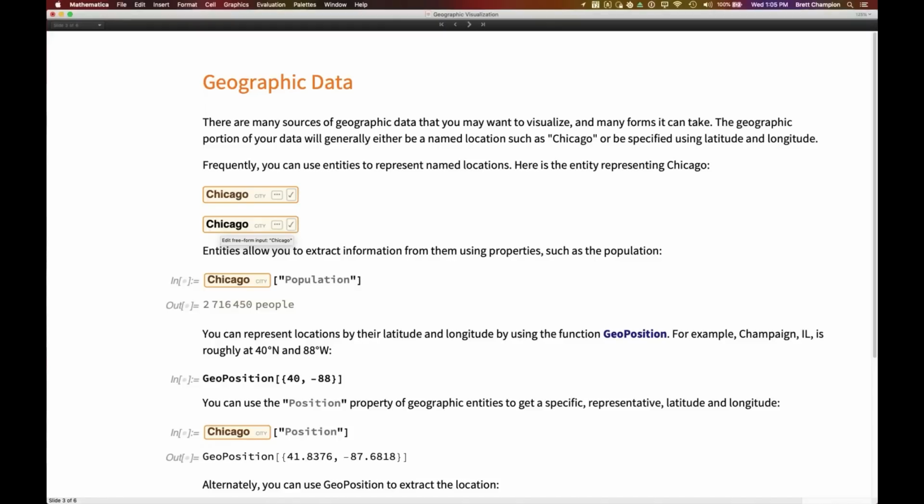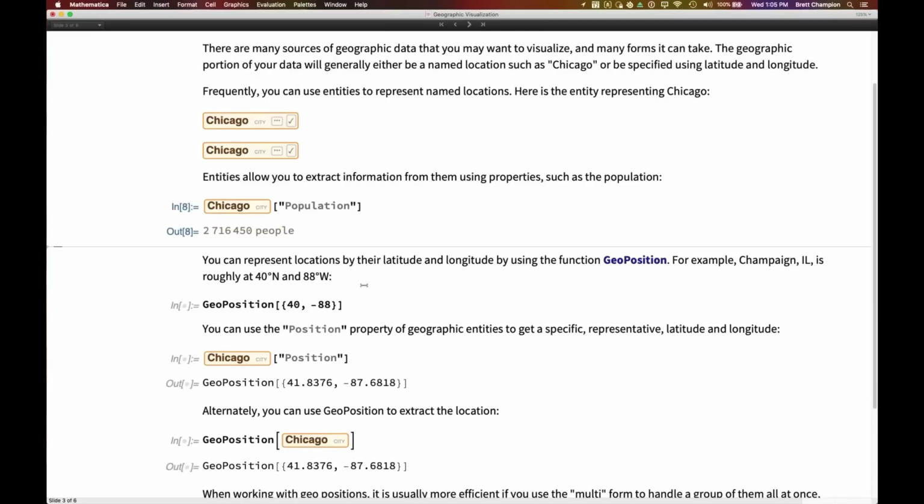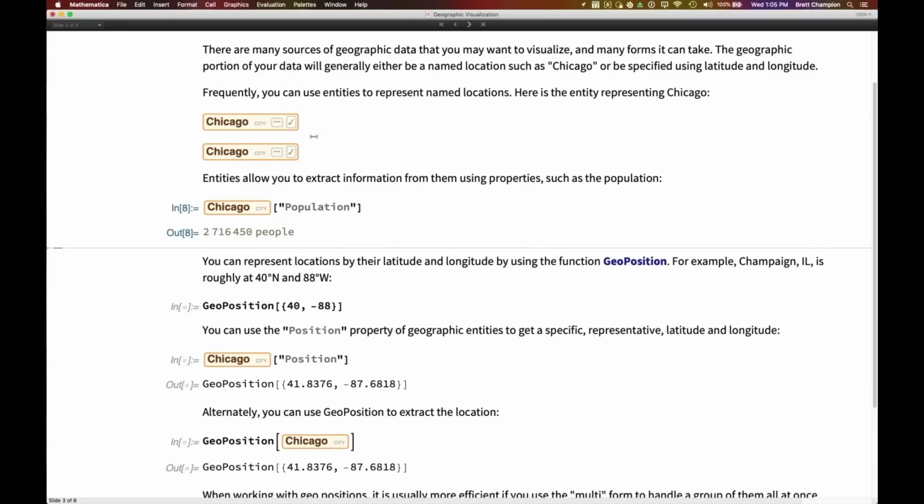It might do a little bit of spell correction, and it's not entirely requiring me to be case sensitive. Then based on an entity, I can ask what's the population. For things like countries and cities and common well-known entities or areas, this is frequently a good way to represent or work with geographic data.